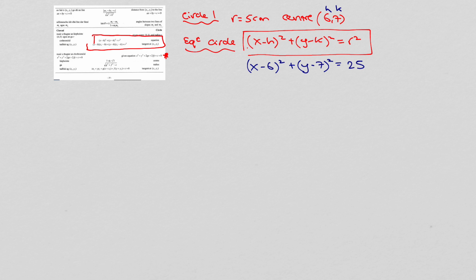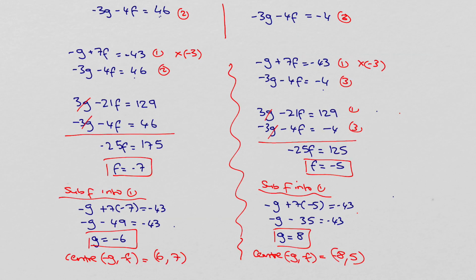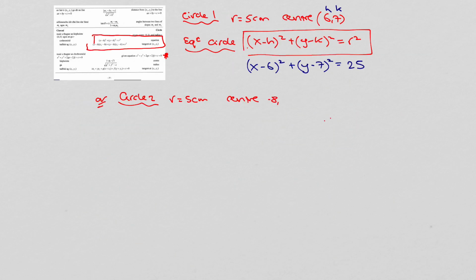Or if you had taken the other two equations, we would have gotten circle 2. So again, radius was the same, so 5 centimetres, and centre we worked out to be minus 8, 5. So h, k. So that would give us x minus minus 8 plus y minus 5 squared equals 25.